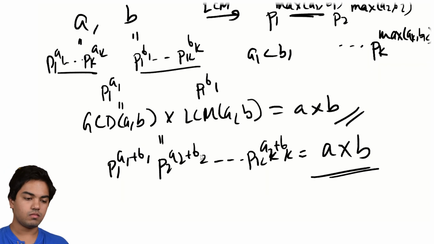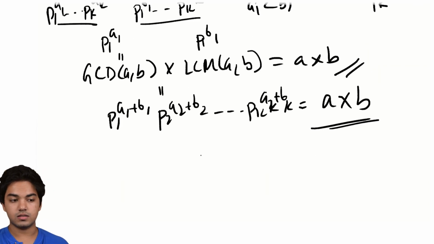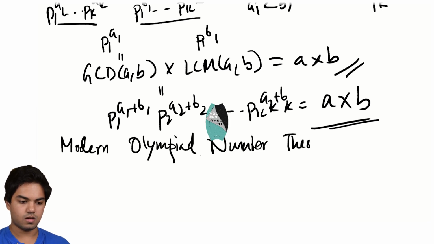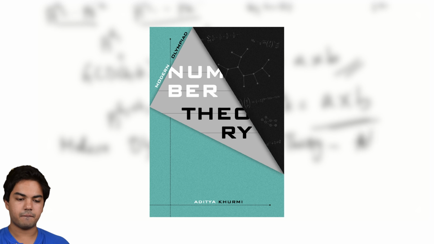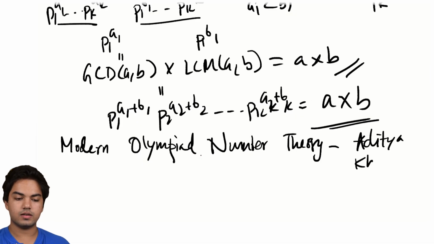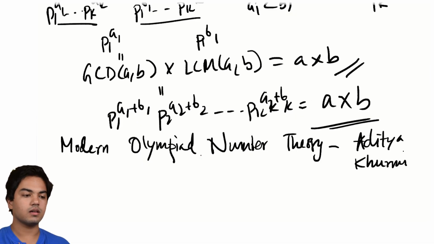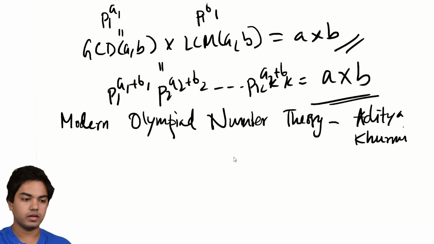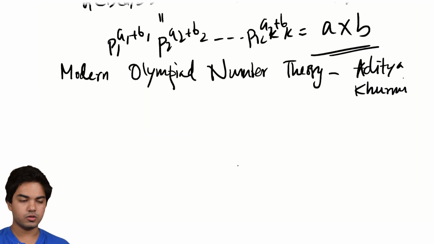All right, good. So that concludes our section on thinking of numbers as multisets of primes and so on. A quick note, and this is something you can find in the wonderful book Modern Olympiad Number Theory by Aditya Khurmi. This is a viewpoint that's really emphasized in that book in the first few chapters. It is in this book that he writes the GCD as really the intersection of the two multisets involved.